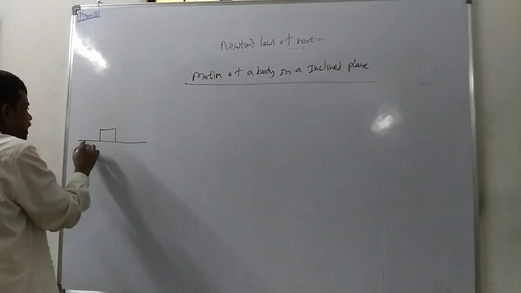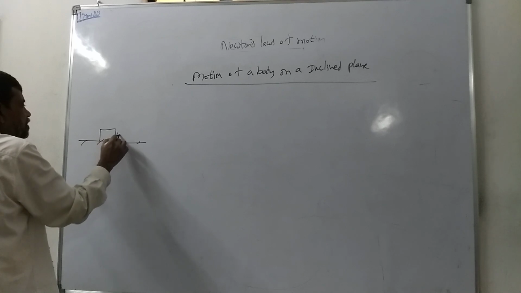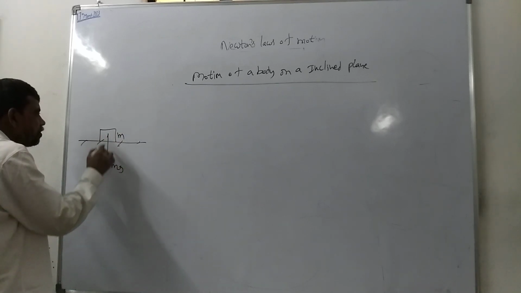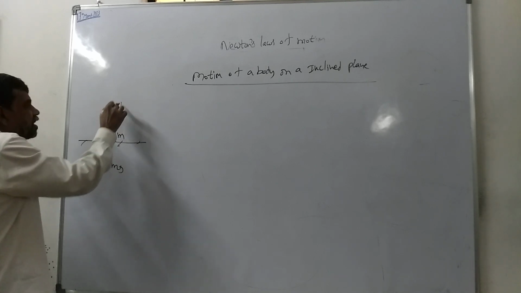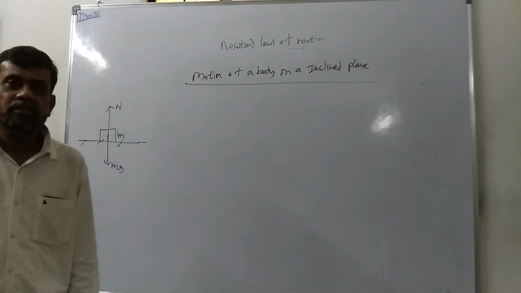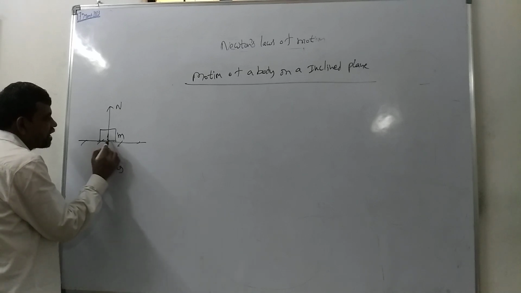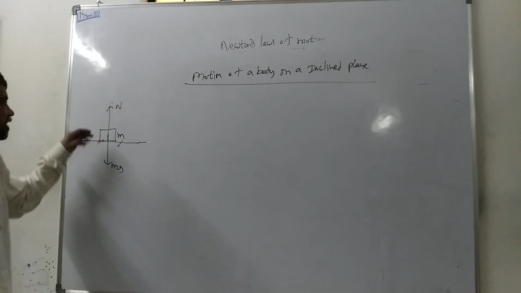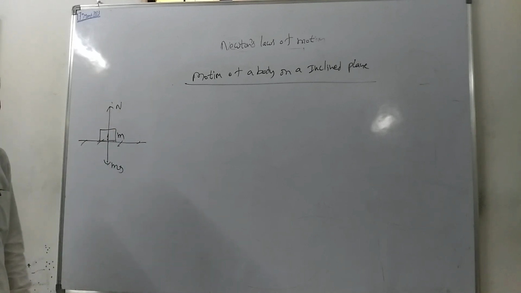On the horizontal plane, I am keeping one block of mass M. mg acts downward, and vertically upward there is a normal reaction, perpendicular to the plane of contact. That is called normal reaction. If the plane of contact is horizontal, it acts perpendicularly upward. Clear now?